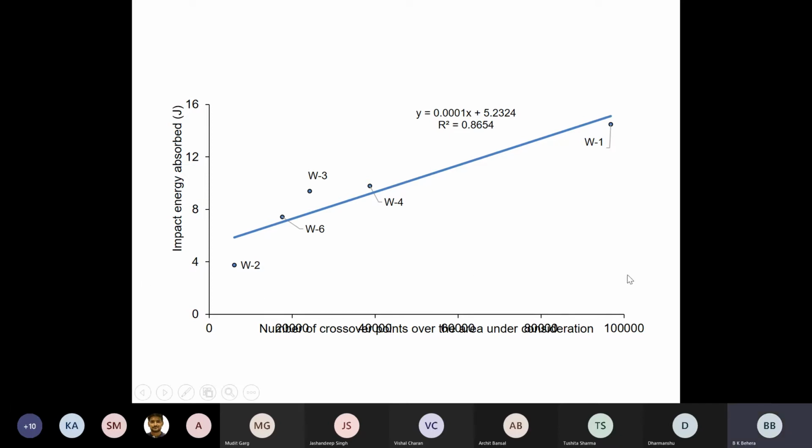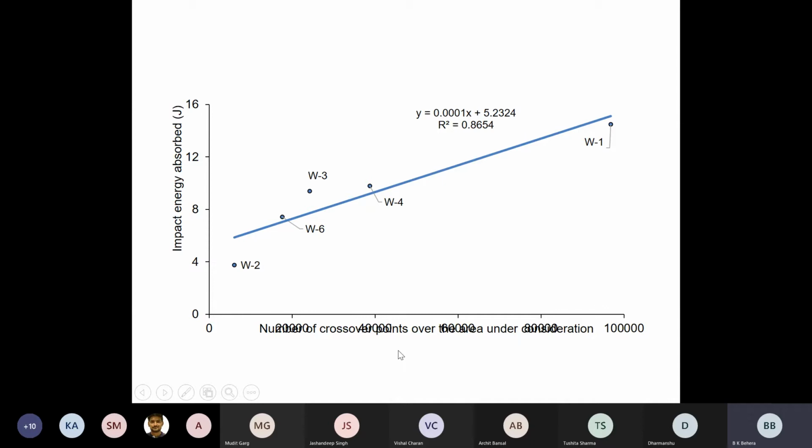So what is on this x-axis? On the x-axis, different weave designs. Different weave designs means the weave designs are arranged in ascending order of their number of interlacements per unit area. I repeat, weave designs are arranged on this axis in ascending order of their number of crossover points per unit area. Number of crossover points means number of interlacements.